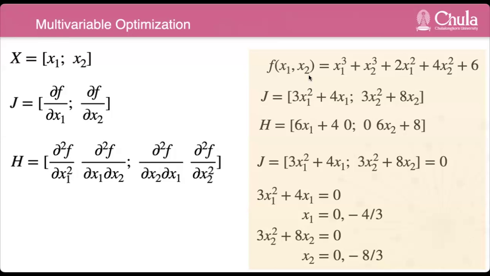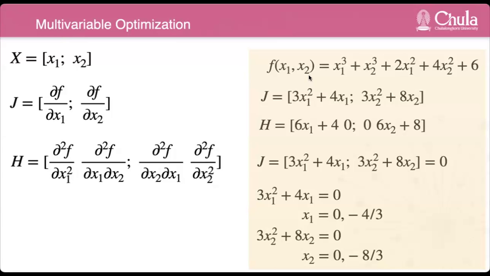What about the Hessian? The Hessian is actually a matrix. I write it this way because the semicolon means move to the next row. The first element is the second order partial derivative with respect to x1 and x1.